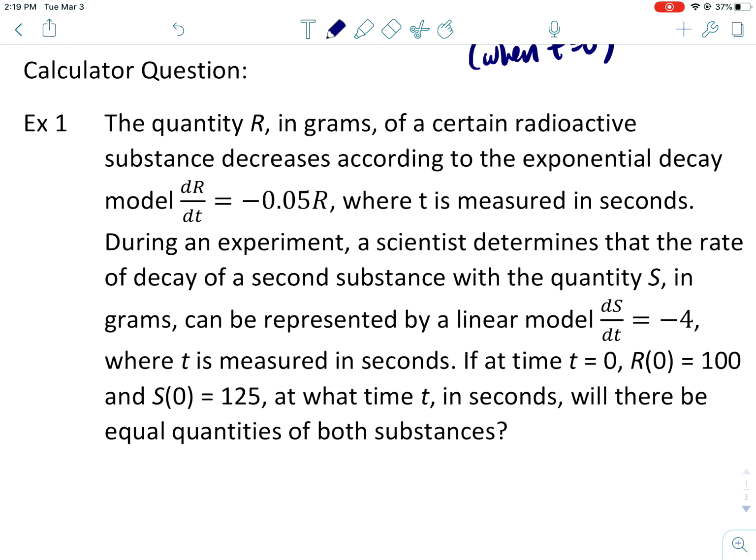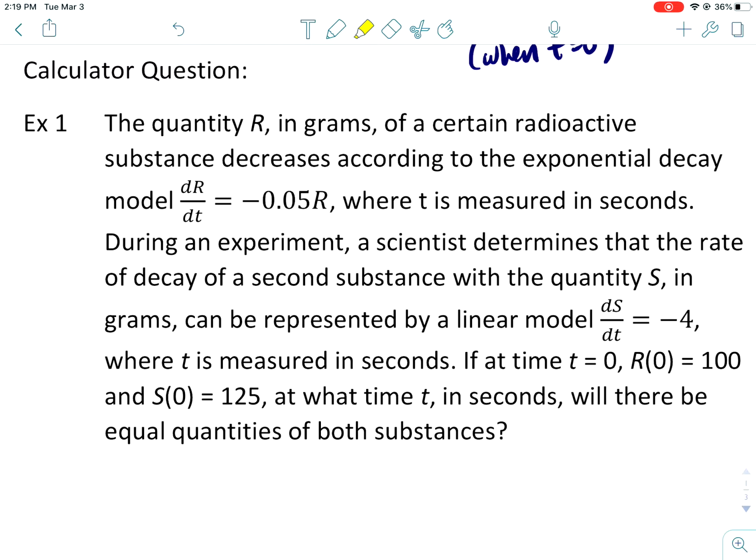During an experiment, a scientist determines that the rate of decay of a second substance with the quantity S in grams can be represented by the linear model dS over dt equals negative 4, where t is measured in seconds. If at time 0, R of 0 is 100, S of 0 is 125, at what time in seconds will there be equal quantities of both substances?